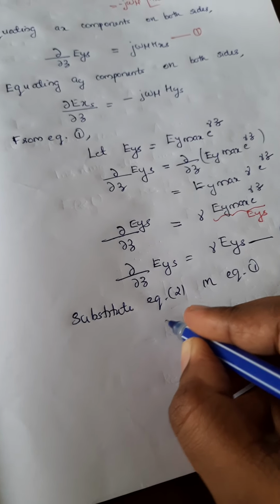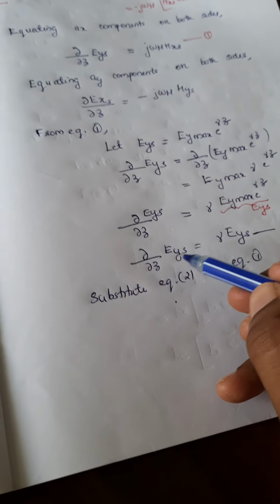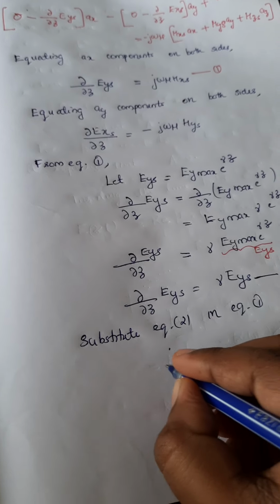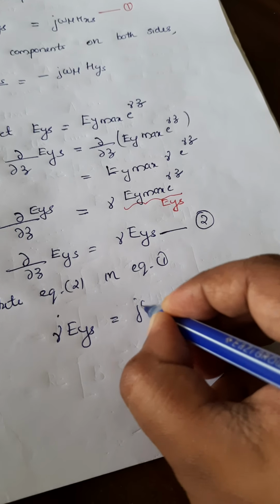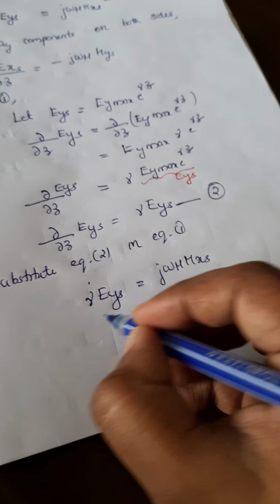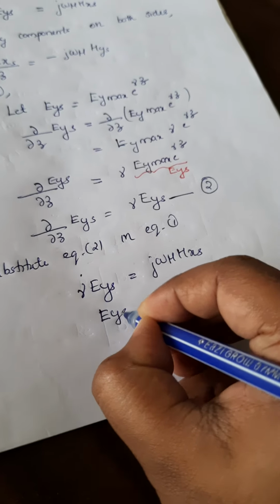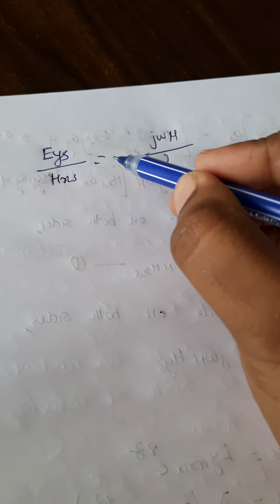The dou by dou z of Eys is gamma Eys, so the first equation becomes gamma Eys equal to j omega mu Hxs. Now Eys by Hxs will be equal to j omega mu by gamma.